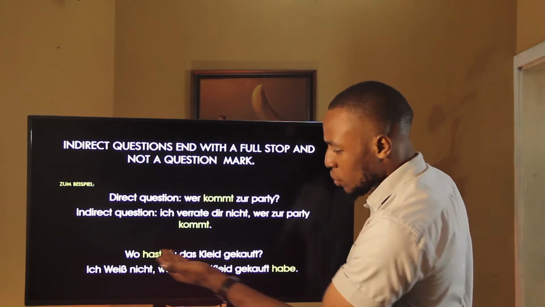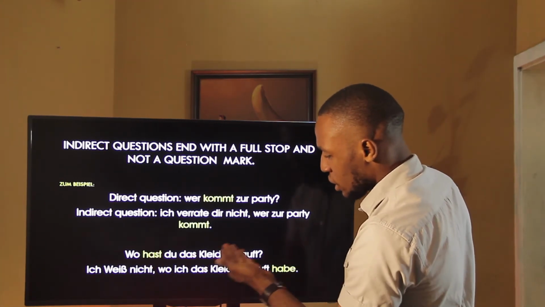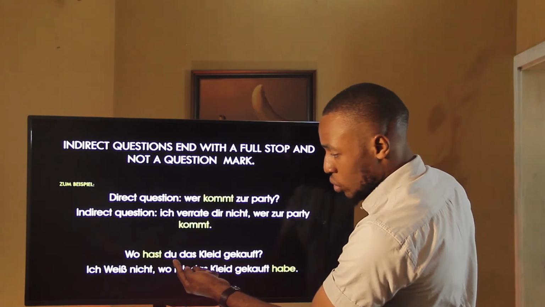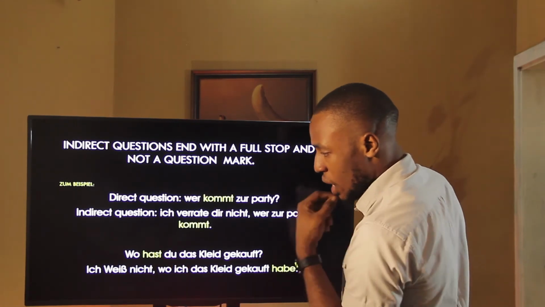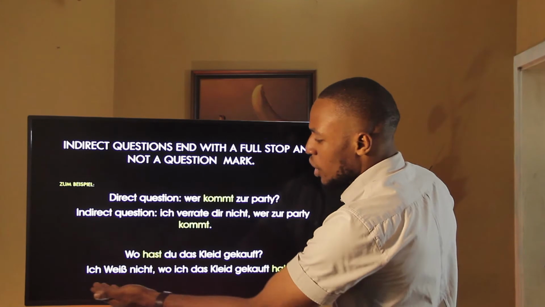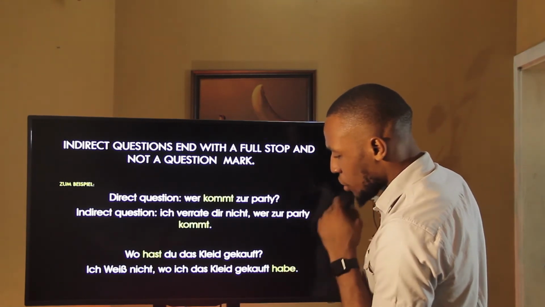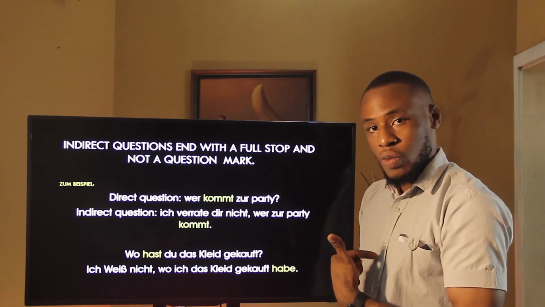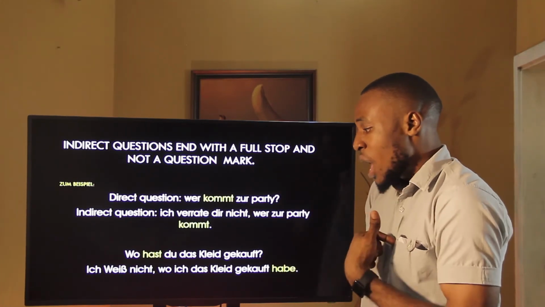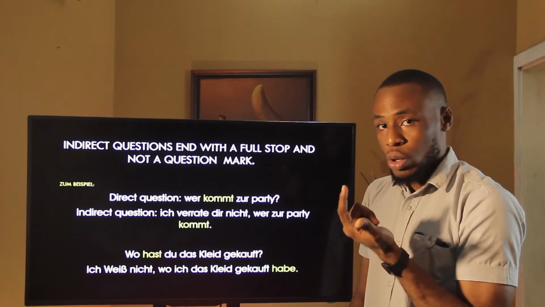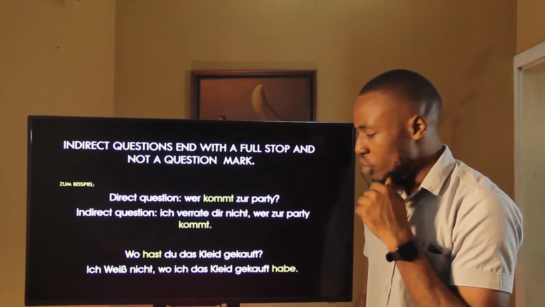Now, let's look at this. "Wo hast du das Kleid gekauft?" The subject here is du, which is why we have the verb conjugation hast. But over here we have, "Ich weiß nicht, wo ich das Kleid gekauft habe." Recall, someone is asking me a question and I'm replying now. I'm saying, I don't know where I bought the dress.